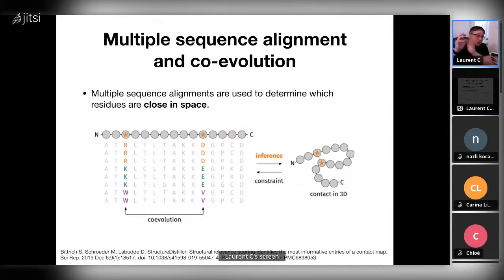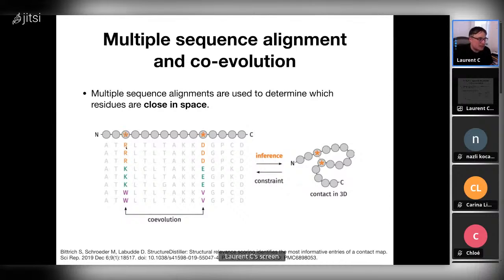And once you have a mutation at a certain region of your protein, you will typically have mutations occurring nearby in order to compensate for the change of residue at that particular position. So if we take the example over here, we have two residues that are close in space, but they're far away in the primary sequence of the protein.